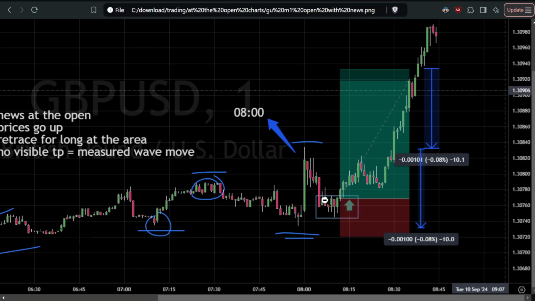Then we have some indecision with the next one. Small pin rejecting lows, engulfing with a pin low, power up, pin lower rejecting, stopping at the same level, that's rejecting the lows, and then an engulfing, that's power. So we have power up, power up, power up, three power ups in a row, and we start off with a power down stopping formation.